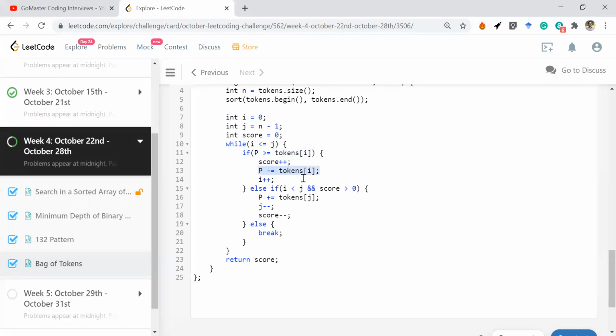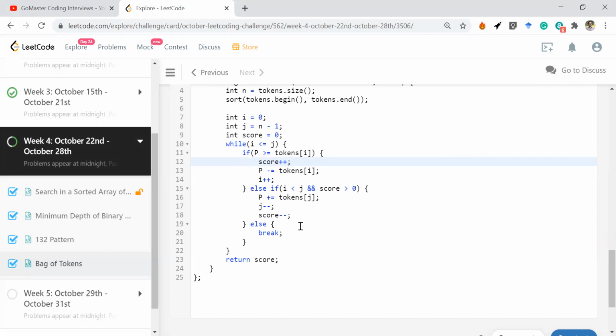So the power is reduced by that and score is increased by 1, and i moves because that token is used up. If I have enough power to buy the next token, I'll just go around the while loop and keep doing this. So that's why this if condition is good enough.